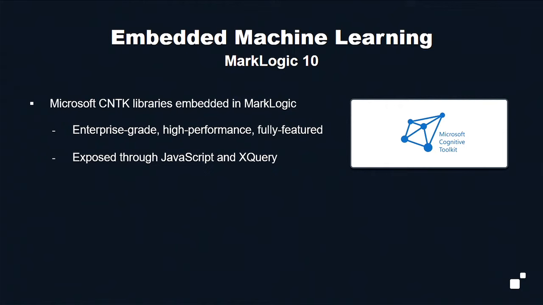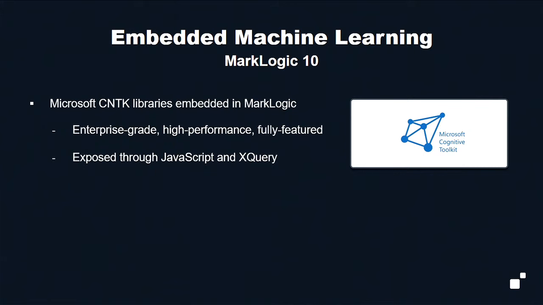They used it to create Skype and Bing, and they had a product called HoloLens, a VR environment. Then they released it on GitHub as a project that other people can use, a deep learning library. So we've taken that library, embedded it into MarkLogic and exposed all its functions as JavaScript and XQuery built-ins. So you can use these with all of your current MarkLogic applications.